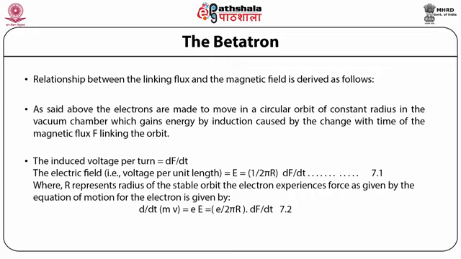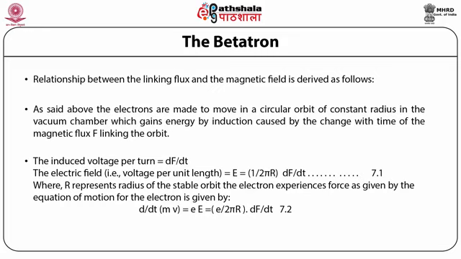The induced voltage per turn is given by d phi by dt. The electric field, that is voltage per unit length, is given by capital E equal to 1 upon 2 pi capital R into d phi by dt, which we shall call equation number 7.1, where capital R represents the radius of the stable orbit.